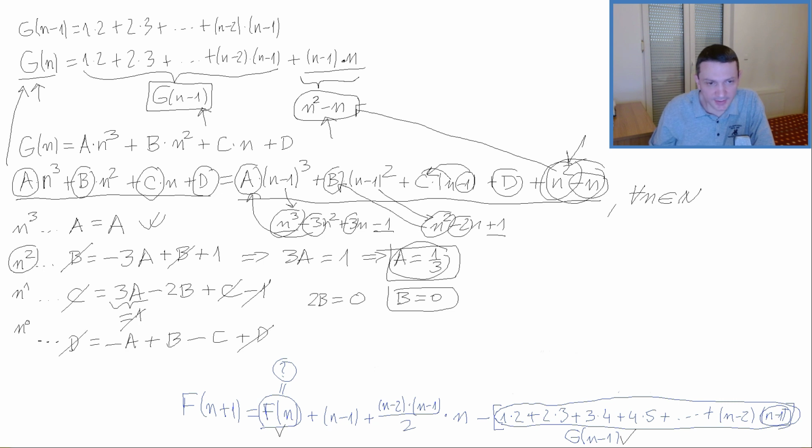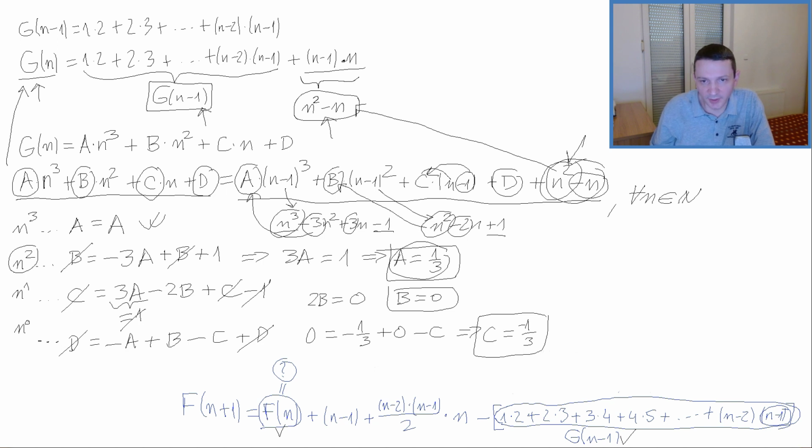Actually d and d cancel, and we obtain 0 equals minus a, which is minus 1/3, plus b, which is plus 0, minus c, and we actually obtain that c is equal to minus 1/3. So c is equal to minus 1/3.